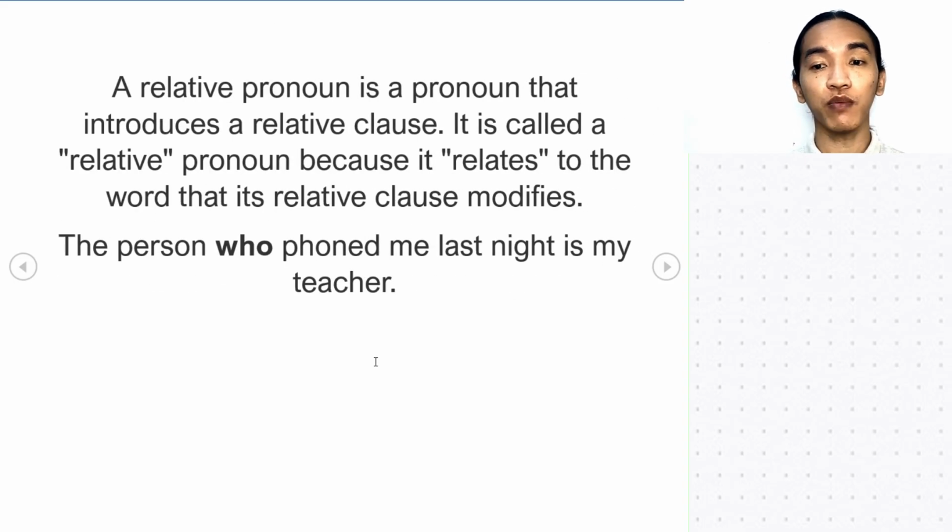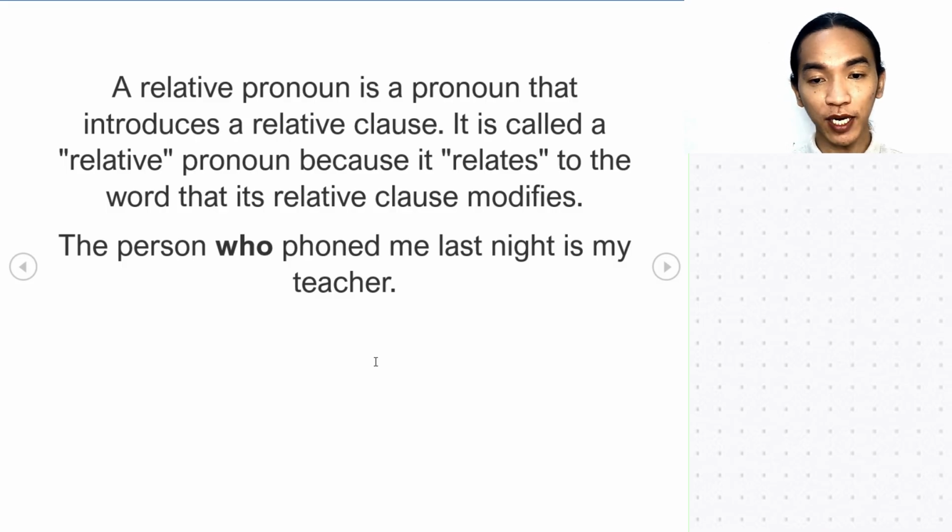A relative pronoun is a pronoun that introduces a relative clause. Okay. So I know that you have an idea of relative clause already. It is called a relative pronoun because it relates to the word that its relative clause modifies. So it means there is a connection, there is a relationship to the sentences that it's connecting. Okay. Basically, the relative clause that it modifies.